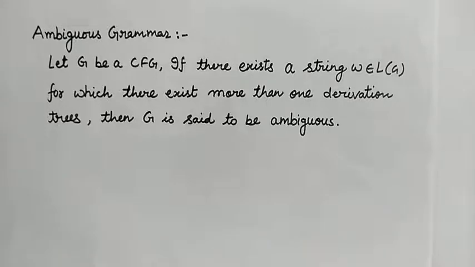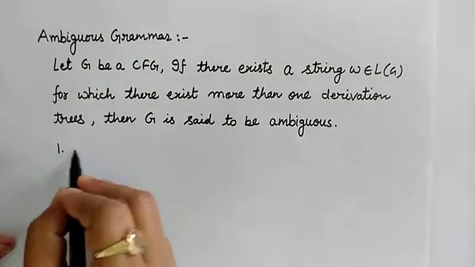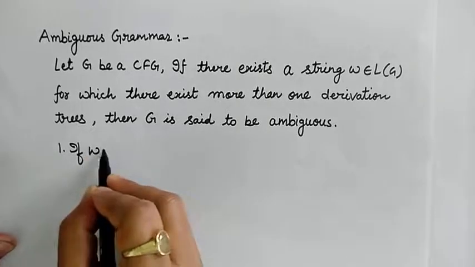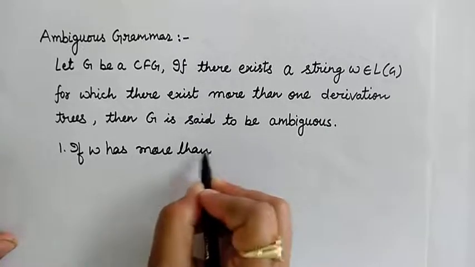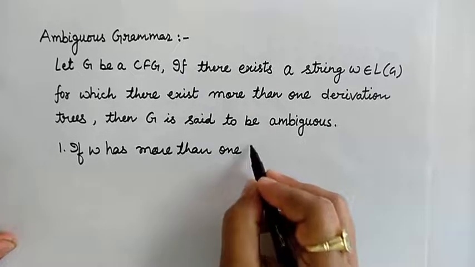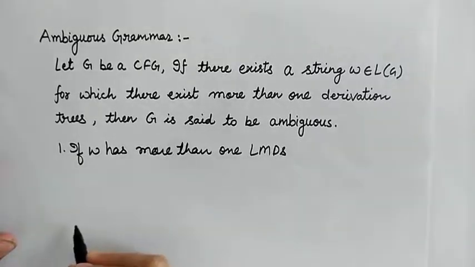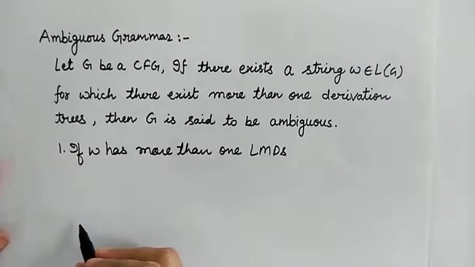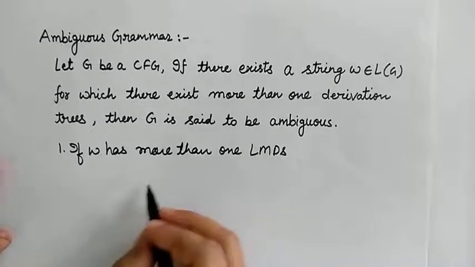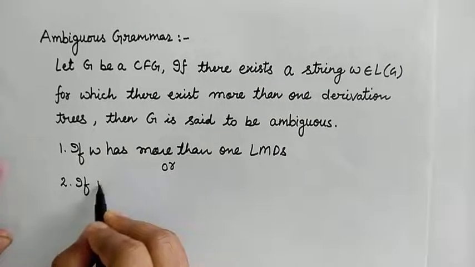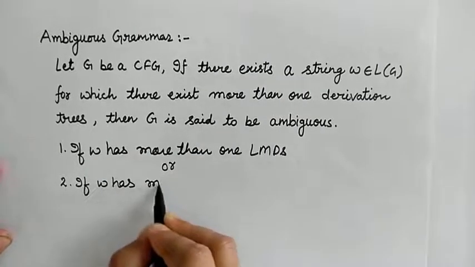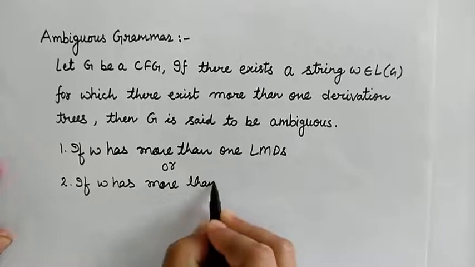And there could be two reasons so that we can say that the string will have more than one derivation trees. Number one, if W has more than one leftmost derivations, then there will be more than one derivation trees. Or number two, if W has more than one rightmost derivations.